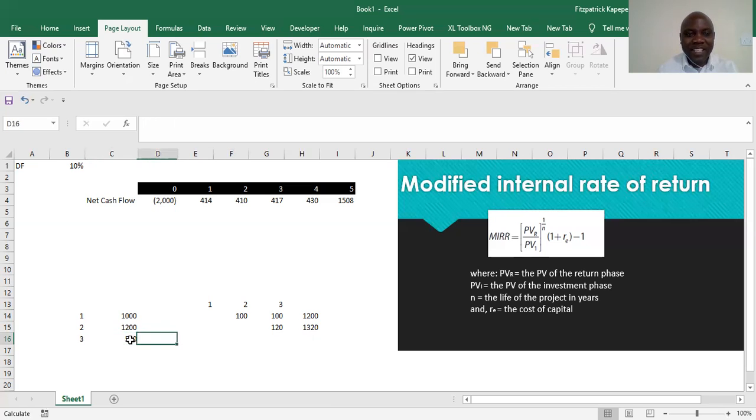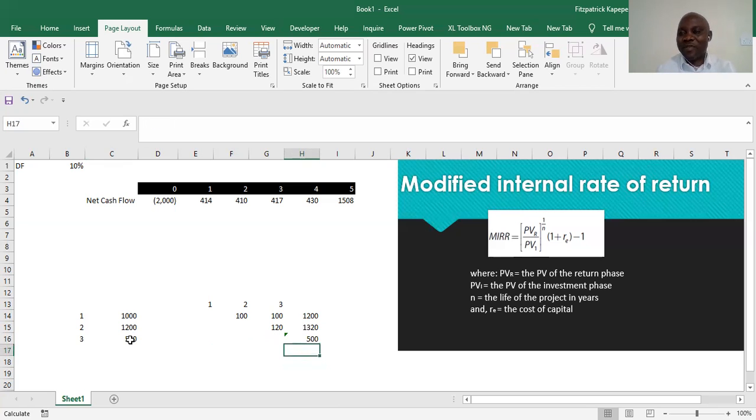Because you expect to generate these funds in year 3, you cannot reinvest in year 3, because that's the time you would have generated it, unless it was going to year 4. But we're assuming in this case that the economic lifespan or the project life is 3 years. So this is what you're going to make.